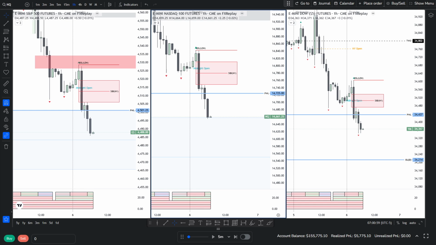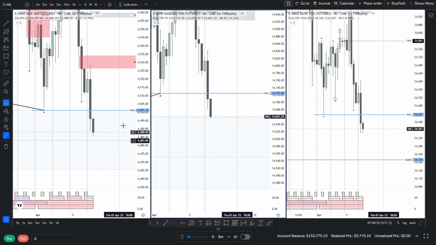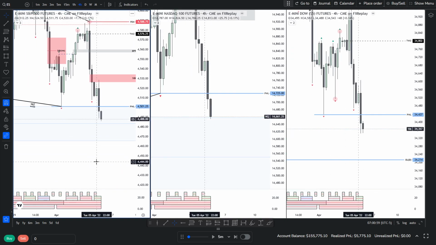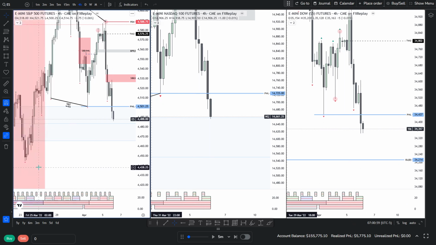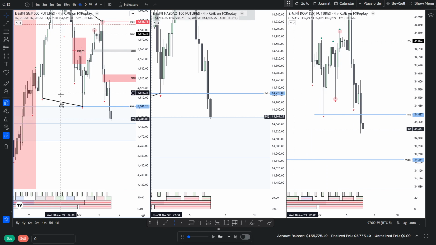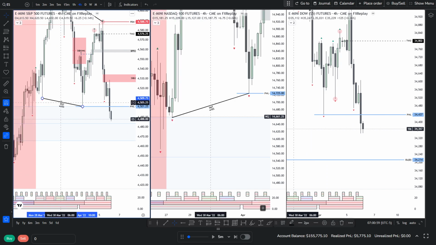Okay, so that's one. With currently where price is, it only really allows me for 2 models. So if I venture out to the 4 hour, we can get rid of that.